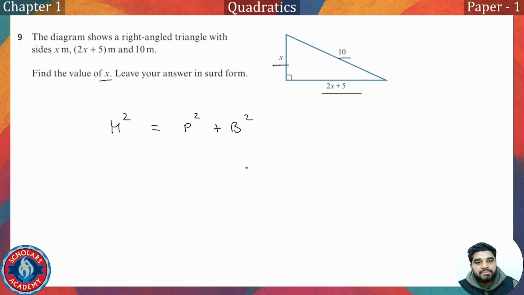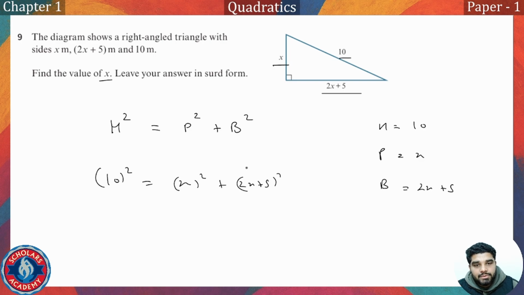Hypotenuse square is equal to perpendicular square plus base square. So h over here is 10, p is x, and b is 2x plus 5, right? We'll substitute these values. We get 10 square is equal to x square plus 2x plus 5 square.